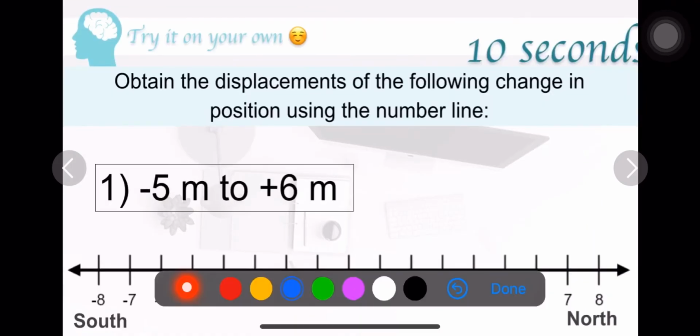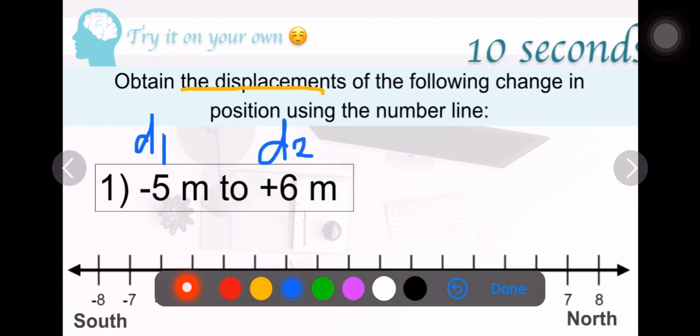So let's have different samples. Obtain the displacements of the following changes in position using the number line. Again, we will assume that the negative points are south and the positive points are north. We have here negative 5 meters to positive 6. This is our D1 and this is our D2.